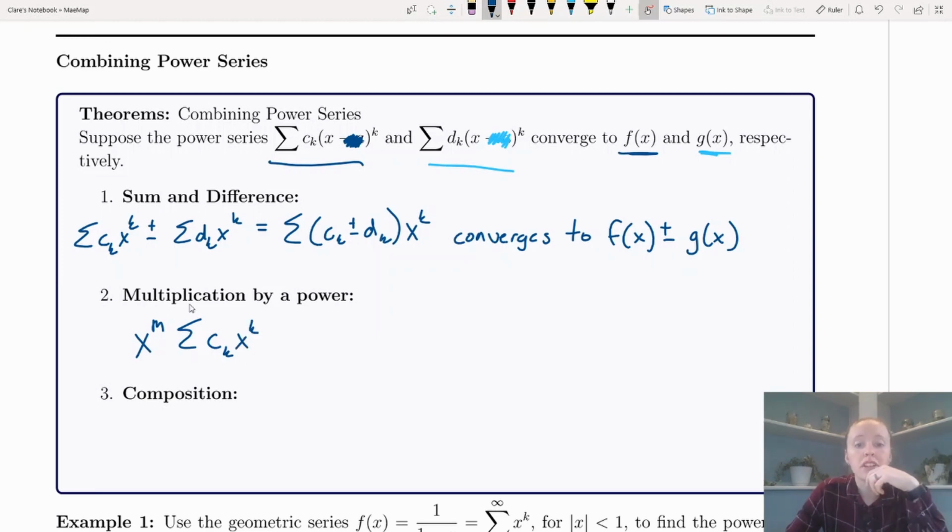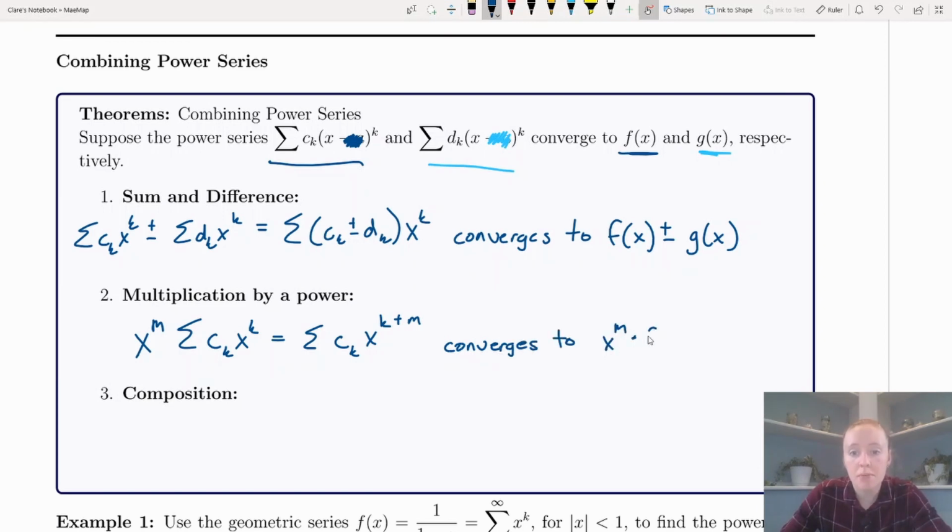well, if we brought this x to the m within our series, we would get the summation of c sub k, that coefficient, times x to the, remembering those exponent rules, k plus m. Because I have the same base, I can combine those exponents through addition. So this series converges to x to the m times f of x.